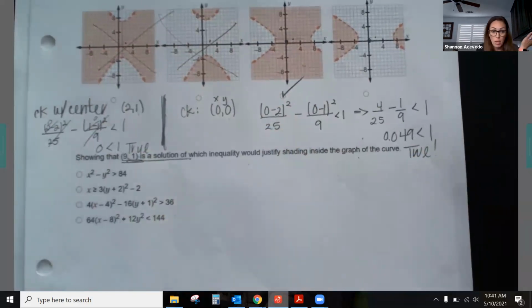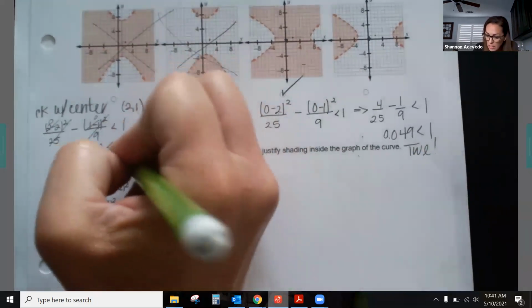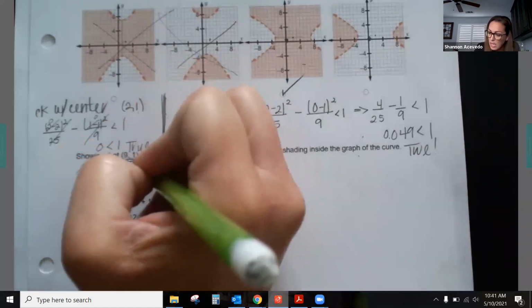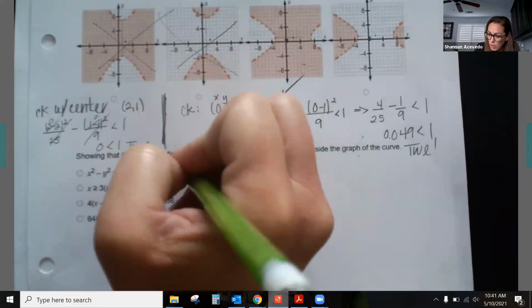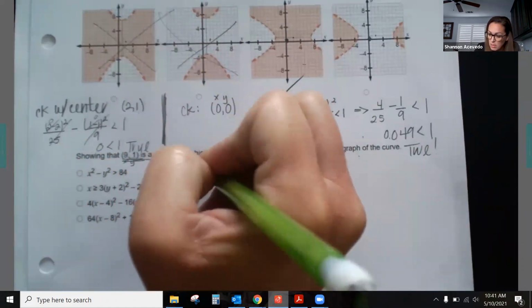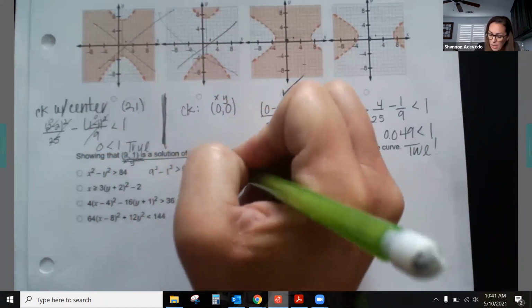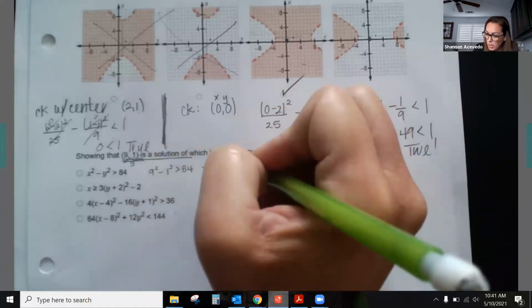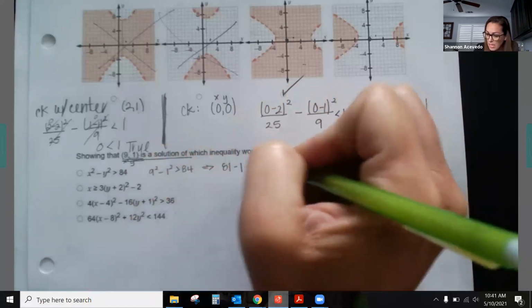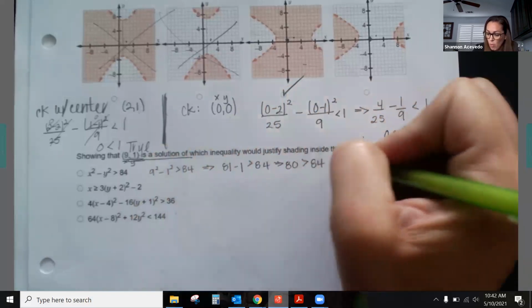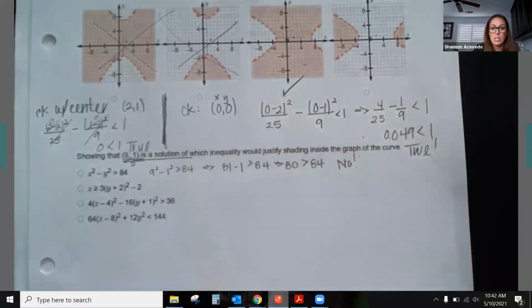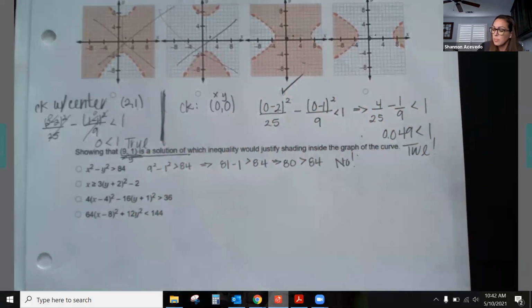So you need to plug them in. Here's your X, here's your Y. So this is saying 9 squared minus 1 squared is greater than 84. This gives me 81 minus 1 is greater than 84. So 80 is not greater than 84. So that's not your answer. All you're doing is plugging these in.